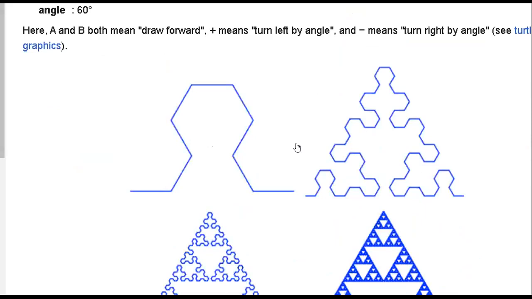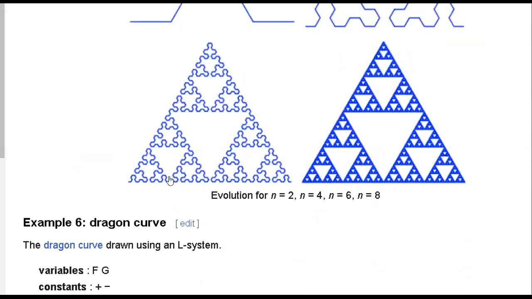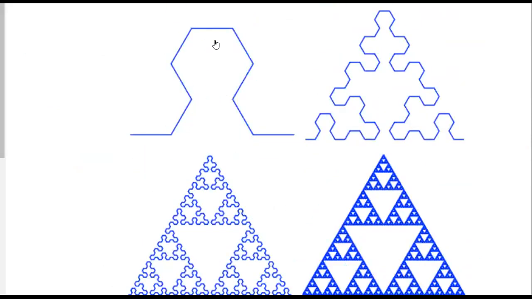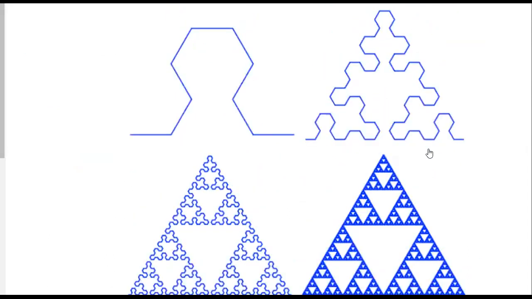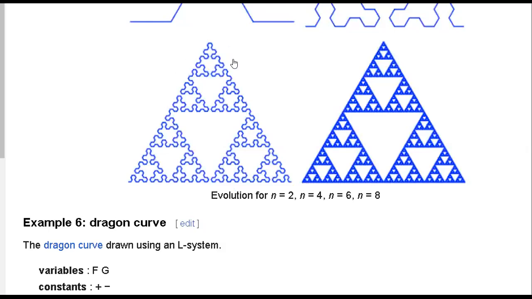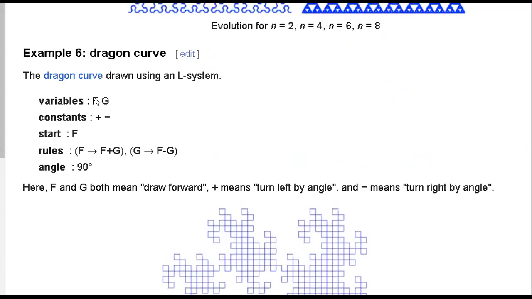Here n is two. When you increase the number of iterations, you get nice fractal structures.